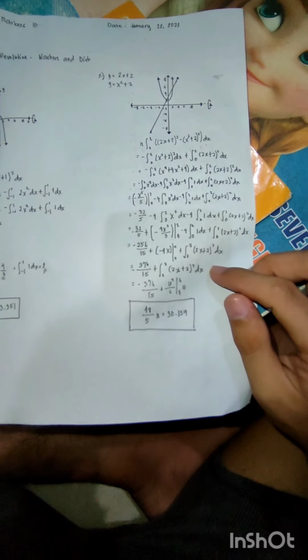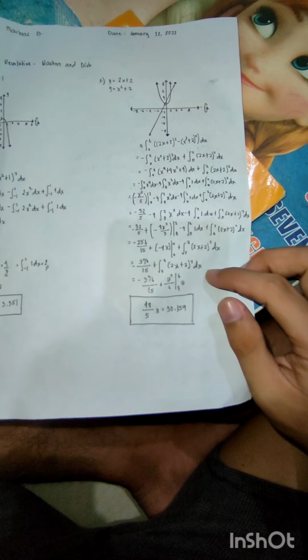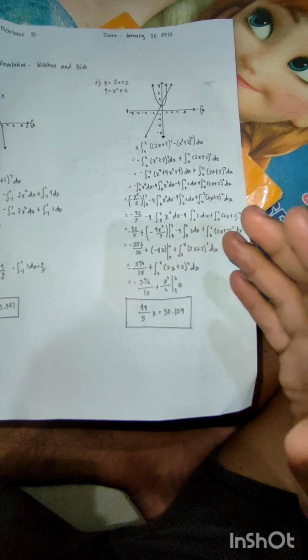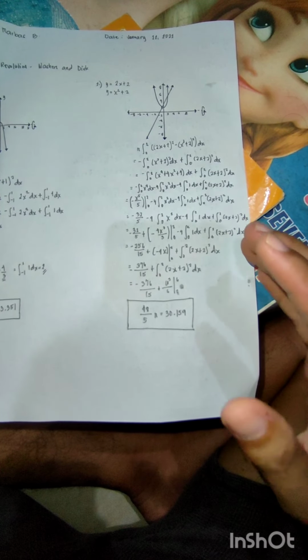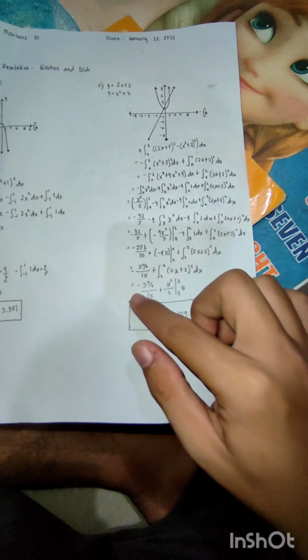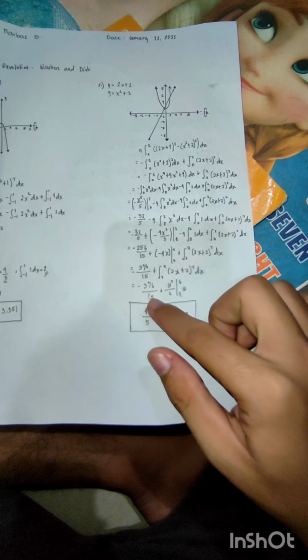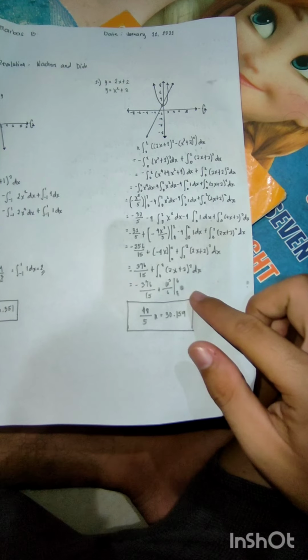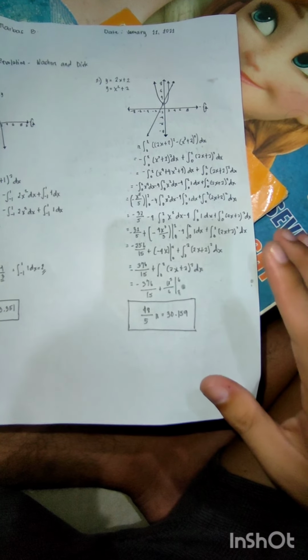And then apply the fundamental theorem of calculus. The antiderivative of u squared is u cubed over 3. Then we have to evaluate the antiderivatives at the limits and subtract. So we have 104 over 3. So the final answer is 48 over 5.